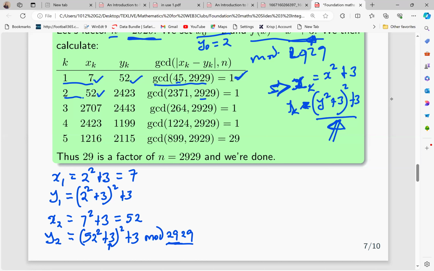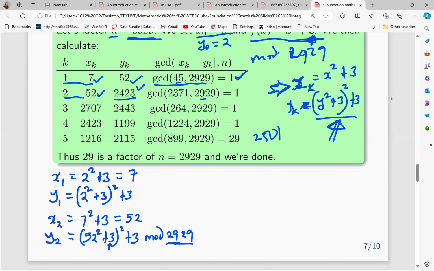Divide this result by 2929, which goes there 2501 times. What is the remainder? The remainder is 2423.